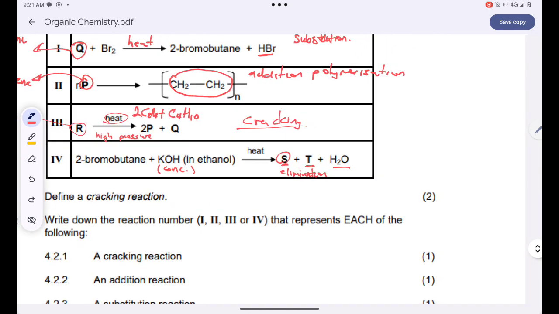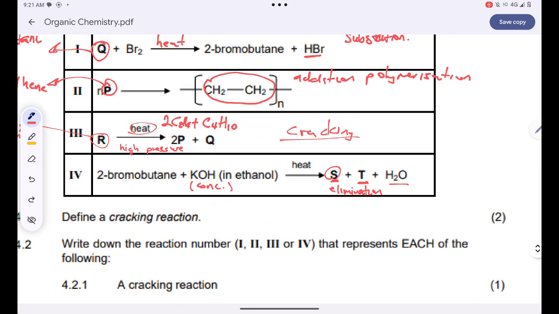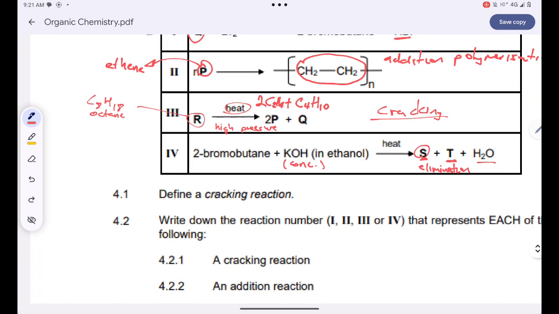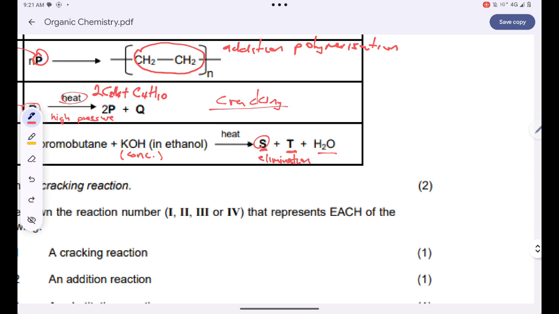Okay, so what kind of organic compound will be compound S? I'm dealing with dehydrohalogenation over here because I have HBr being taken out of the compound. So initially I had 2-bromobutane, right? I have the bromo there.